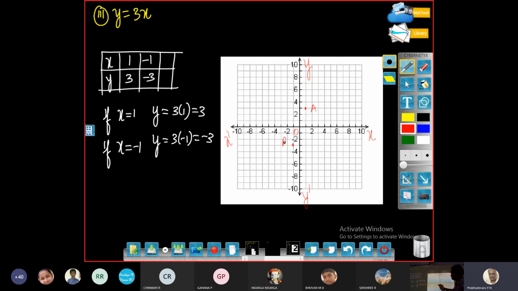You can call this point B. Now draw a line passing through A and B. You can draw like this and write this equation on it as y is equal to 3x.